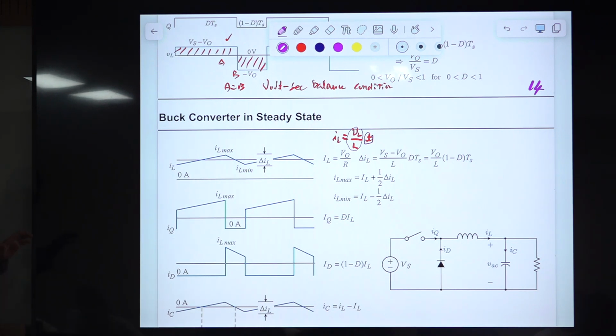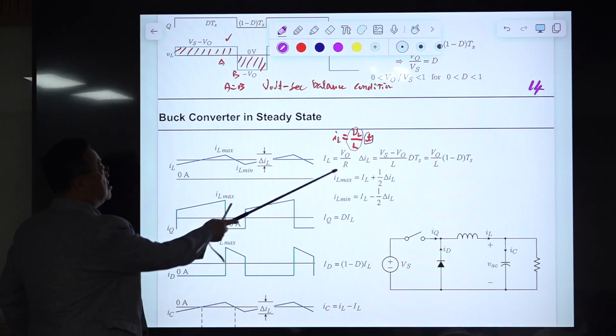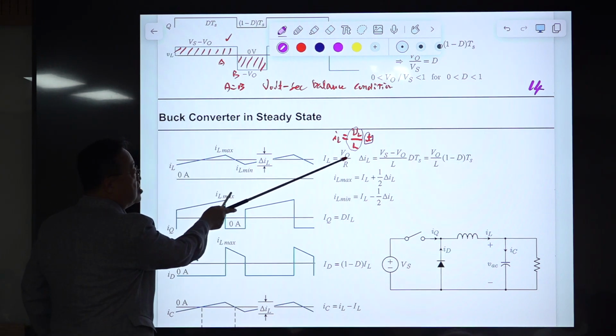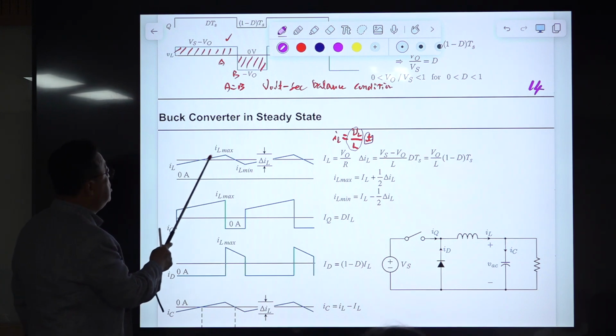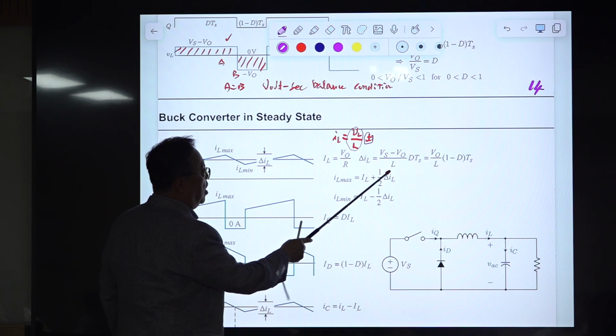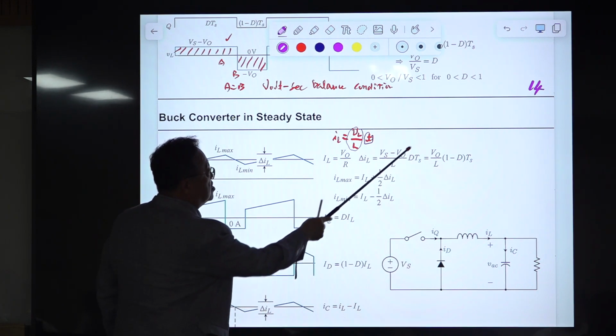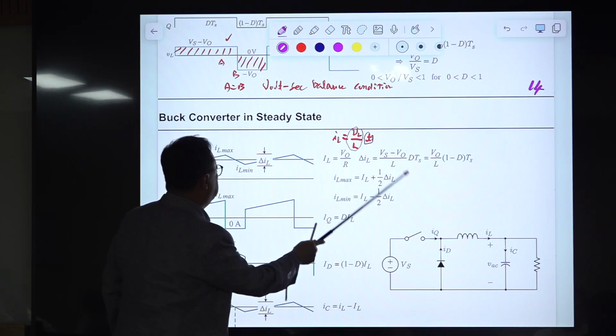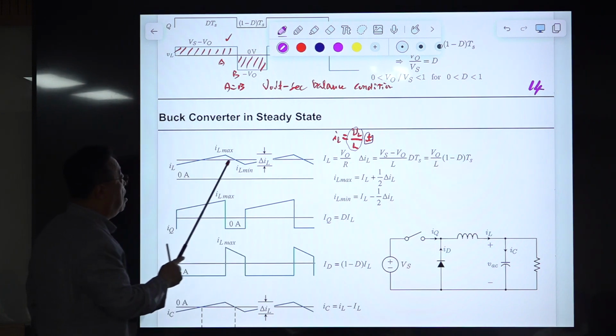So in steady state, the inductor current is always a triangular waveform. We know the average value, and we know the slope: the voltage across the inductor divided by L, over a time of DTs, gives delta IL.